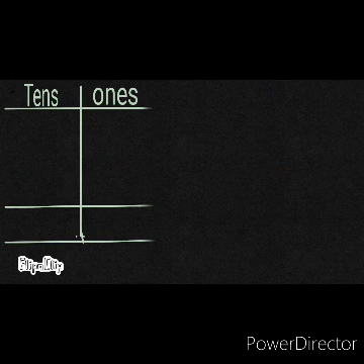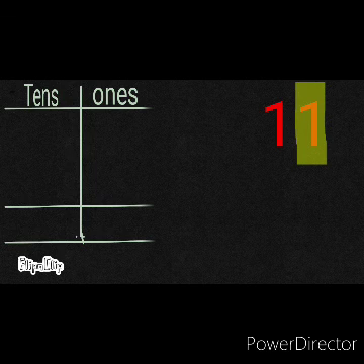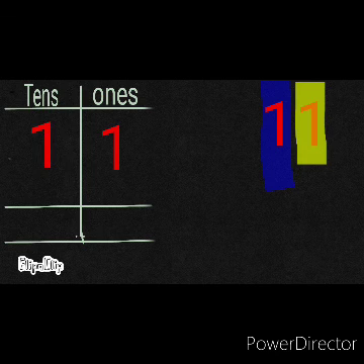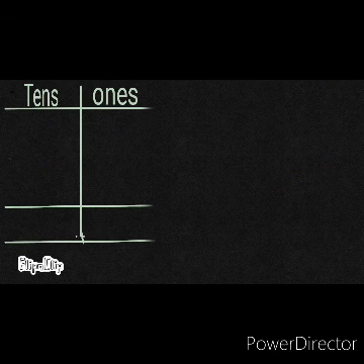Let's look at something else. The number 11. We have 1 in the outer column, so that should go under the ones. And then the other number, which is 1, should go under the tens column. Now this number is the number 8.